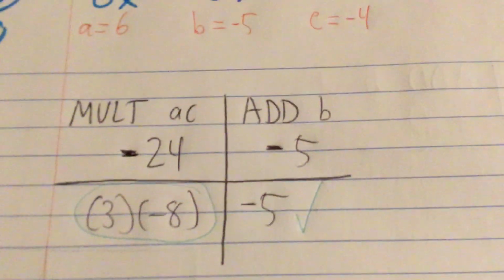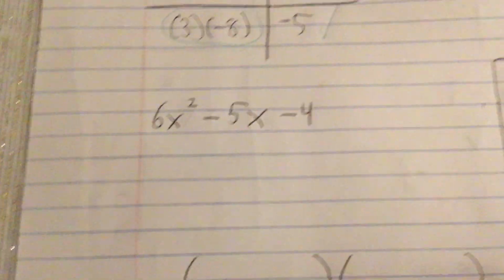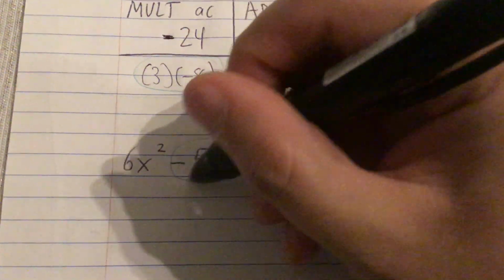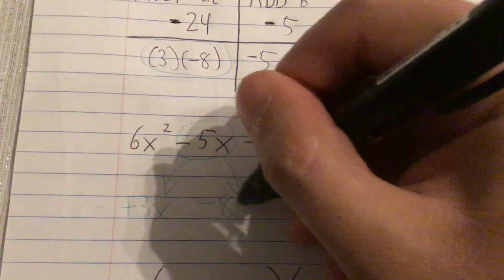So what's so special about positive 3 and negative 8? Well, it's because the A is not equal to 1, we have to split this middle term into positive 3x, negative 8x.